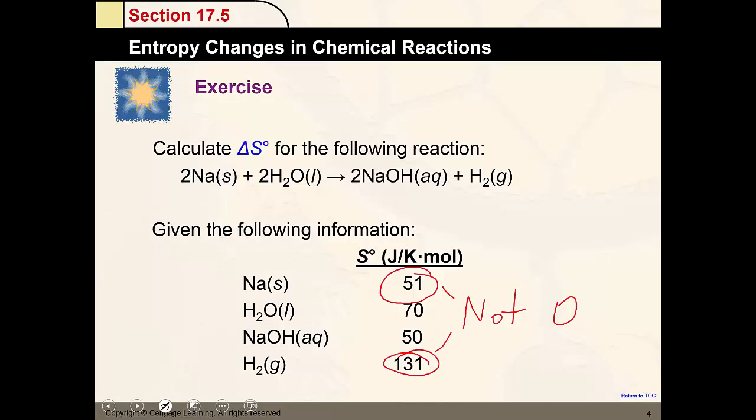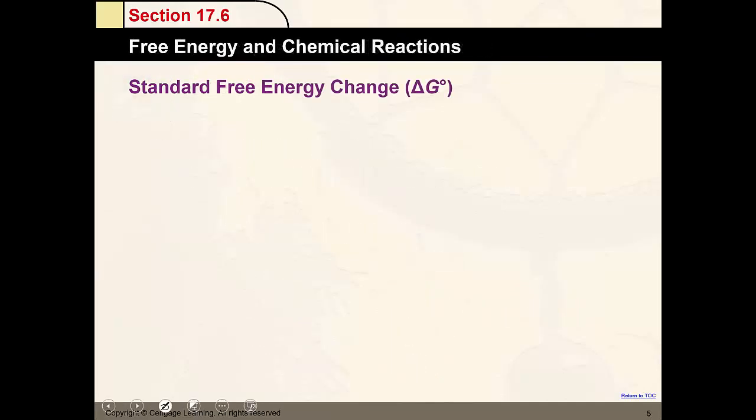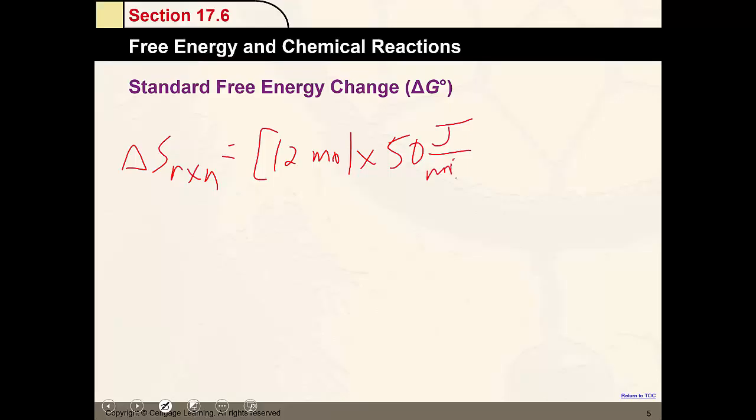So using data like that, you should be able to calculate the change in entropy of the reaction using the products, and you have to look at the coefficient. So the first product, 2NaOH, we take 2 moles times the value for NaOH, which was 50 joules over mole times Kelvin.